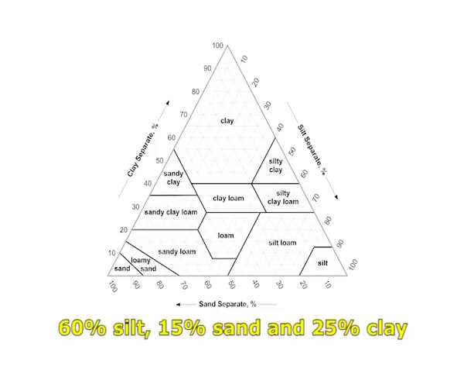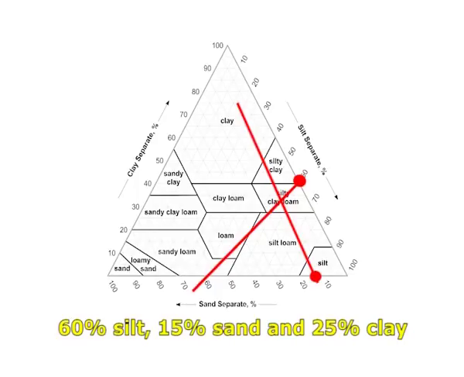On the right hand side silt arm of the triangle, mark a point at 60% and draw a line downwards towards sand arm parallel to clay arm. On the bottom side sand arm, make a mark at 15% and draw a line upwards towards clay arm, keeping the line parallel to silt arm.